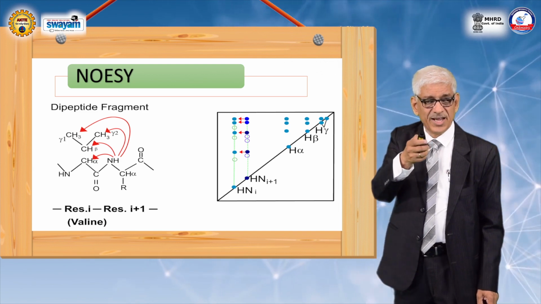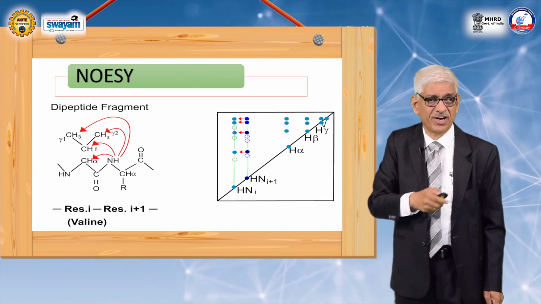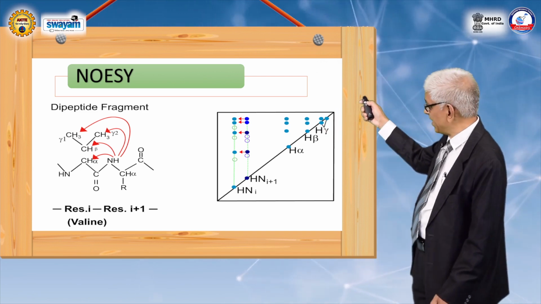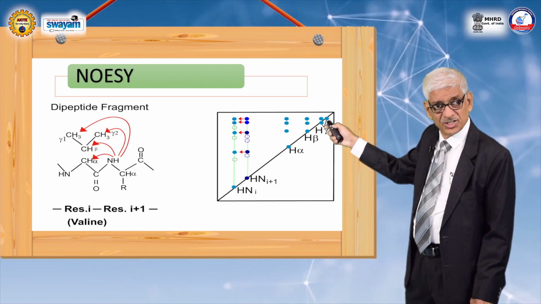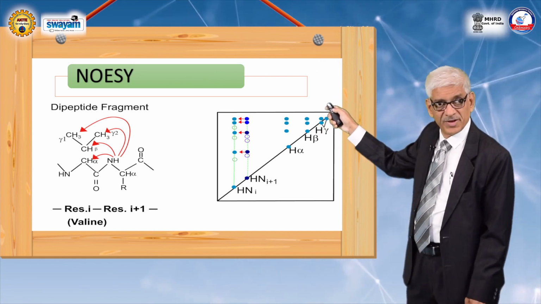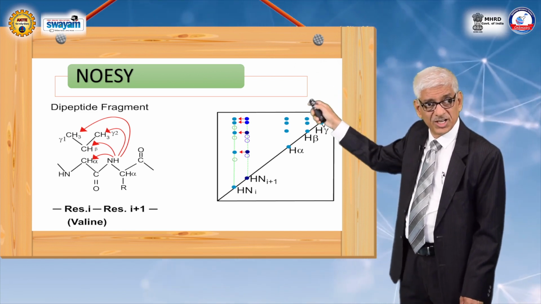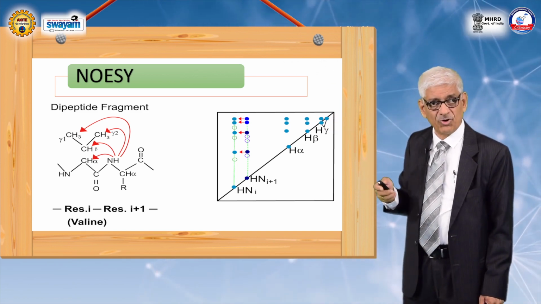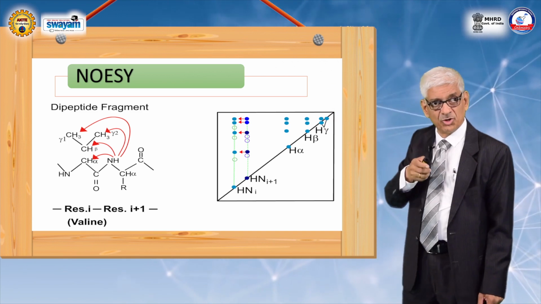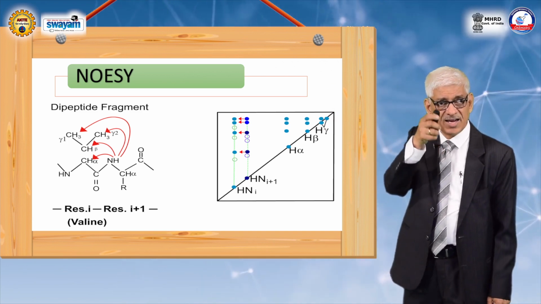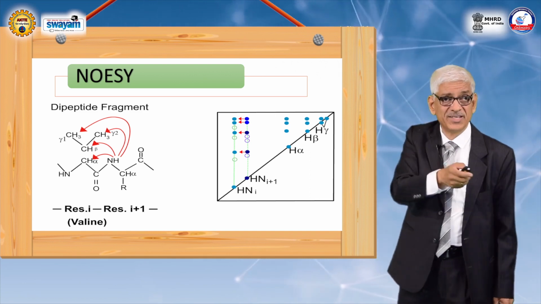That is actually a peak which belongs to a different residue. And you look at the left, what are those? You see the NH proton has short distance to the H alpha of the previous residue, to the H beta of the previous residue, and also to the H gamma of the previous residue. These are all less than 5 angstroms. Therefore from the NH proton of residue i, I see the H beta and H gammas of the previous residue.